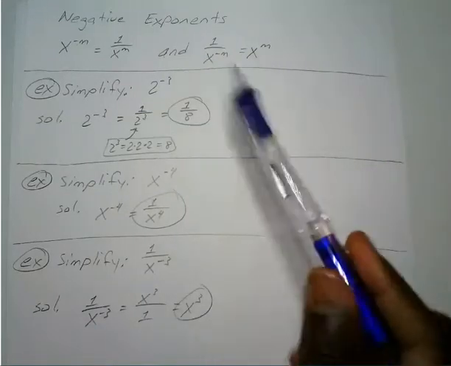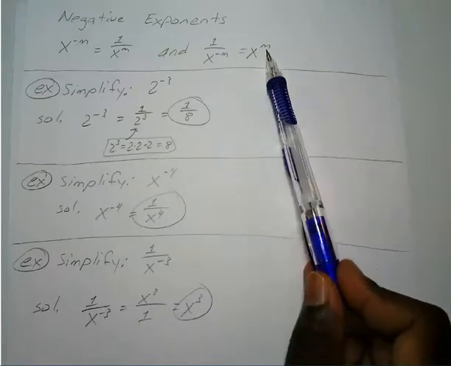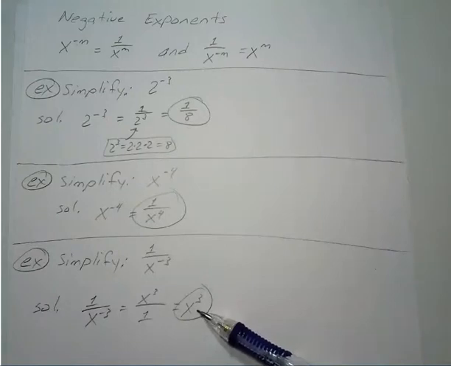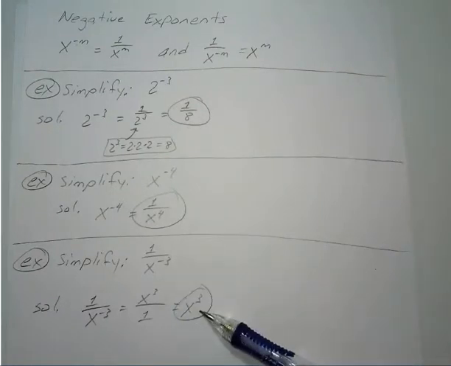So whenever you have a negative exponent in your denominator, you just make it positive and move it up to the numerator. That's how we ended up with 1 over x to the negative third is just x to the third power.